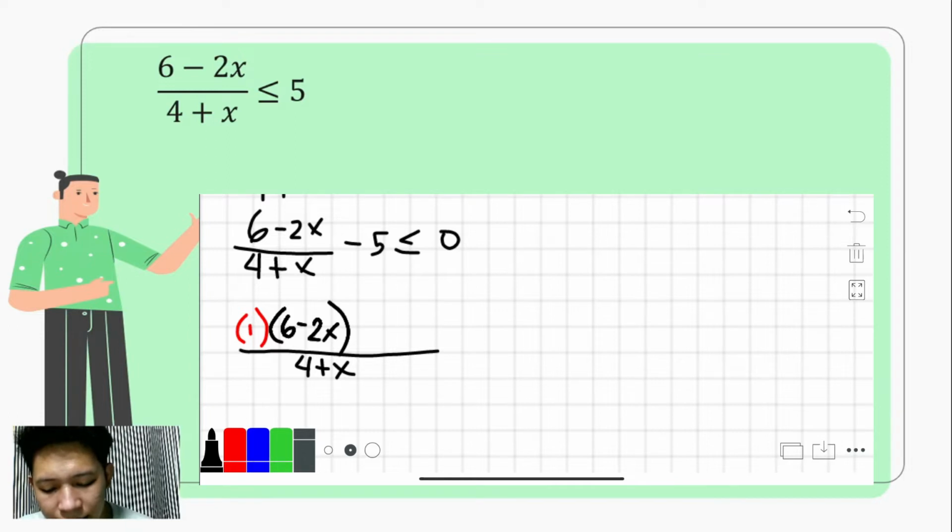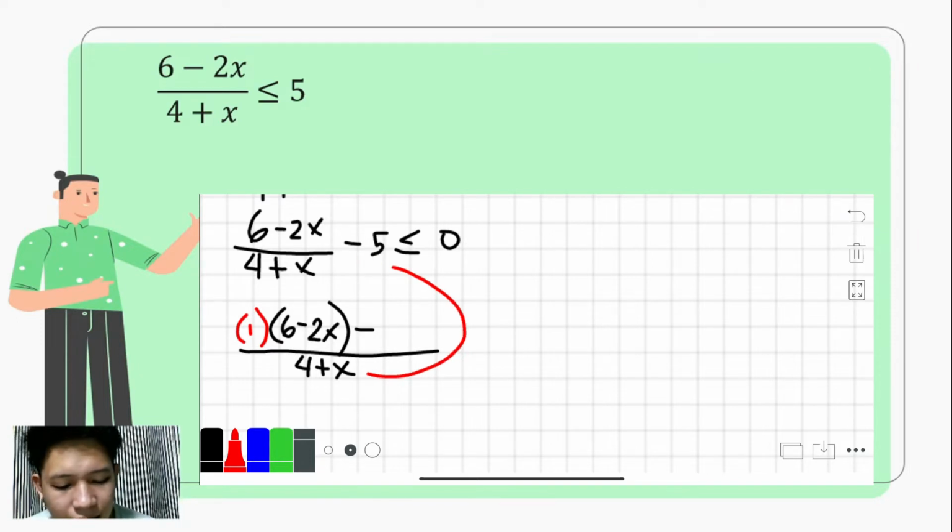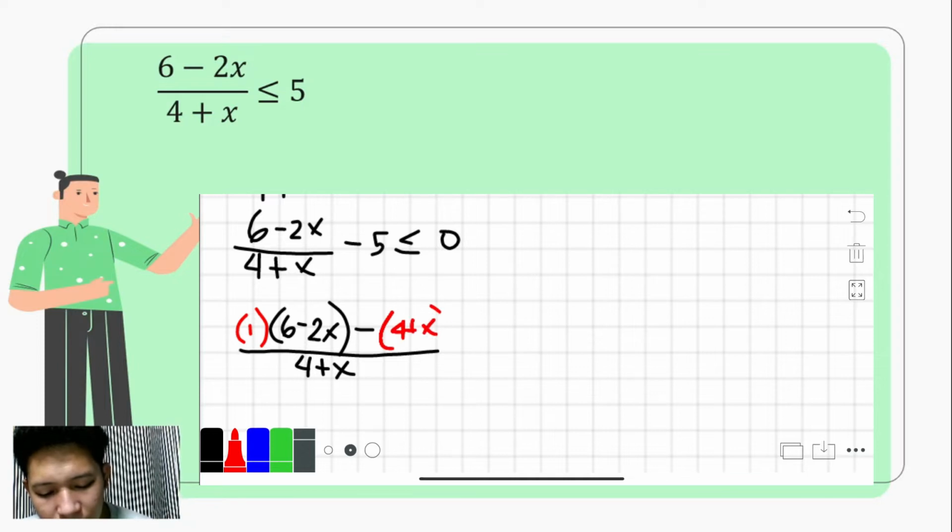And then we have here minus, since yun yung ating operation. So, we have here 4 plus x divided by 1. Kasi yun yung numerator nito. So, that would be 4 plus x, and then we have to multiply it with 5, is less than or equal to 0.